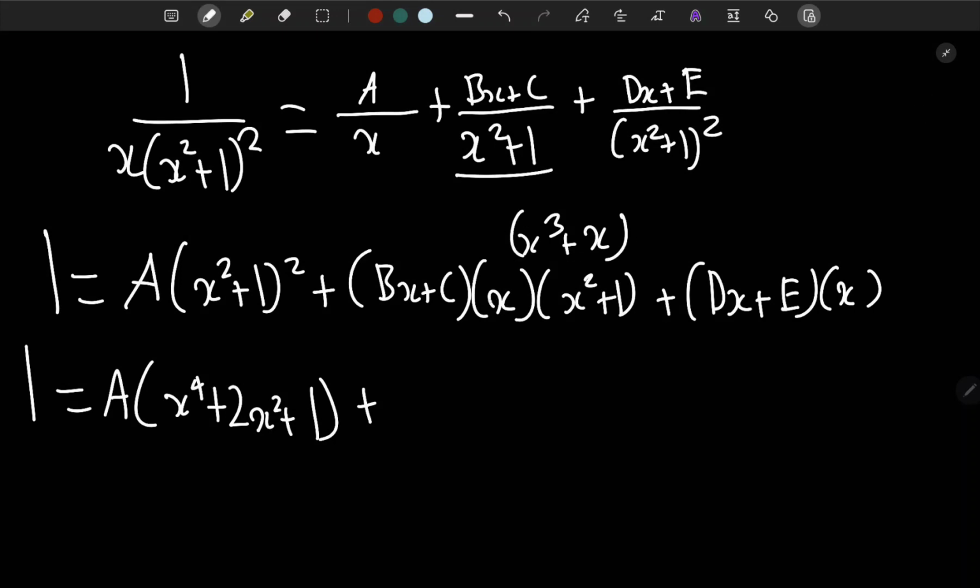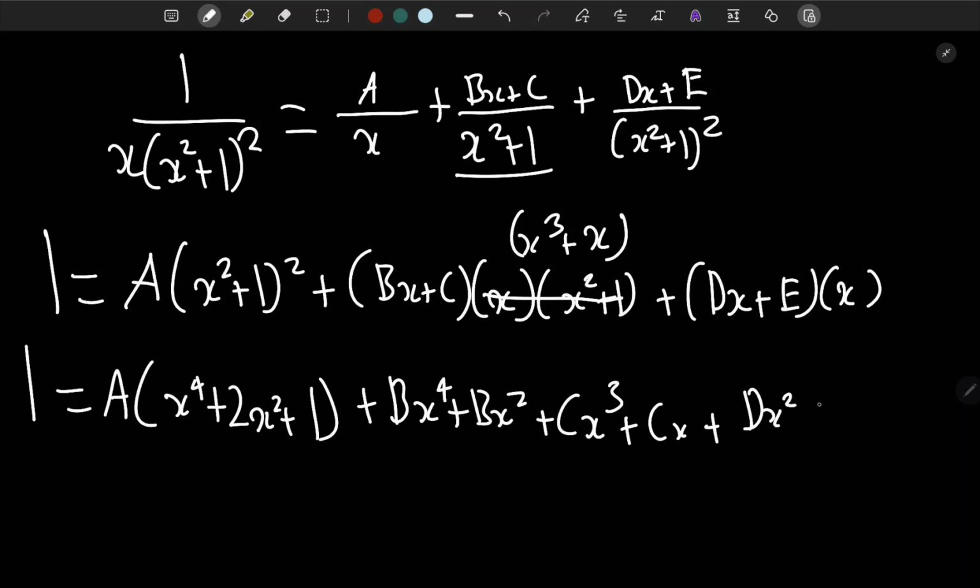Multiply this, now just cancel this out with bx plus c, so we are gonna get bx4 plus bx2 plus cx3 plus cx, and for the last part we are just gonna get dx2 plus ex.